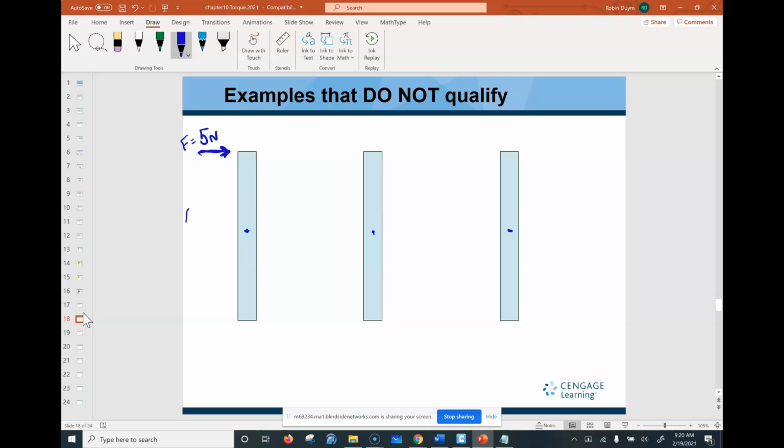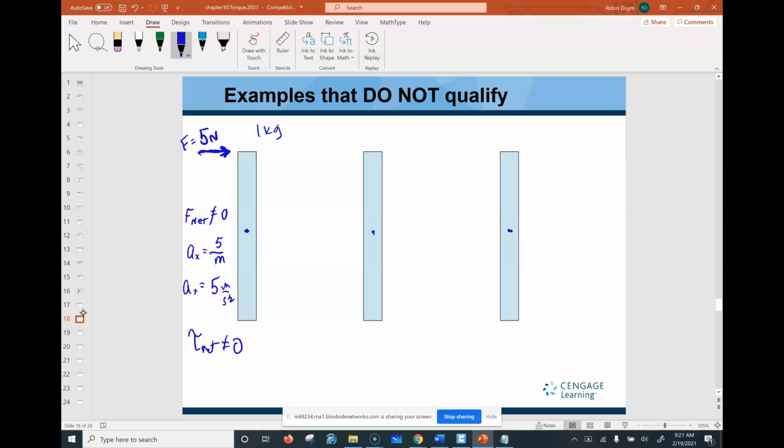Your net force does not equal 0 because we know that there's an acceleration that's going to be 5 over m. Let's just say that these guys are 1 kilogram. So my acceleration in the x direction would be 5 meters per second squared. And then we know that we would also have a net torque. Your net torque would also not equal 0. It is not in static equilibrium. This thing's going to rotate.